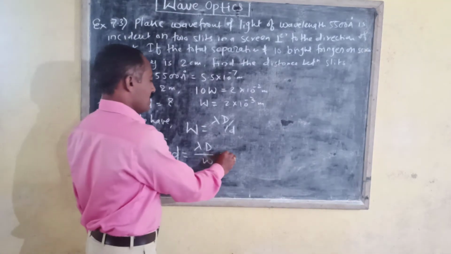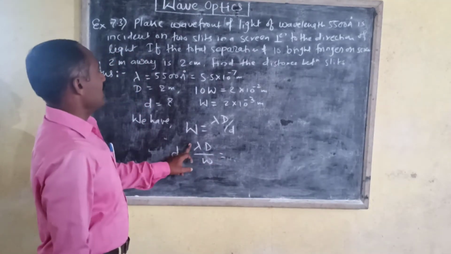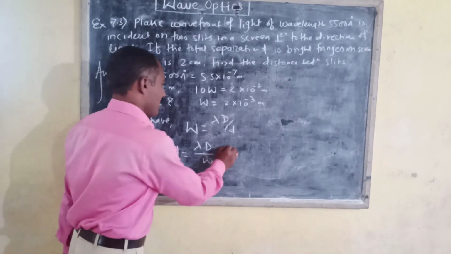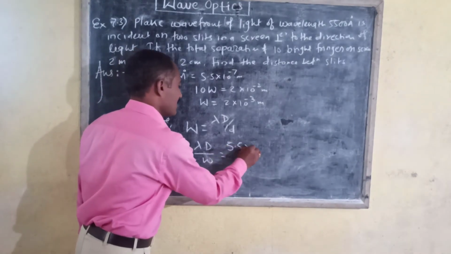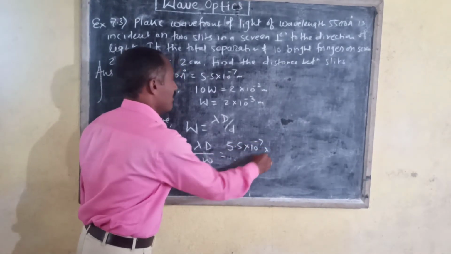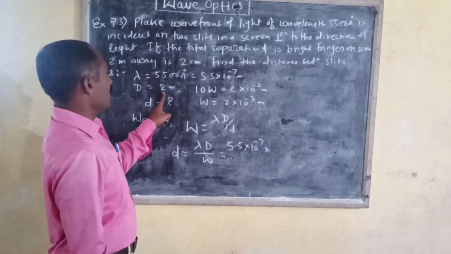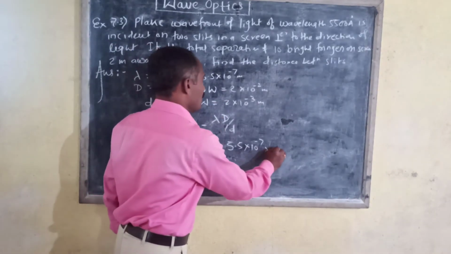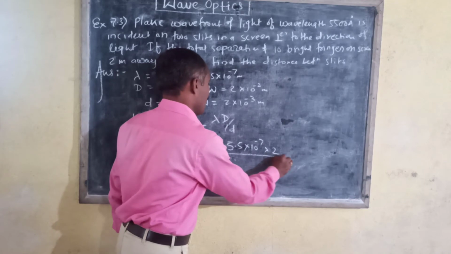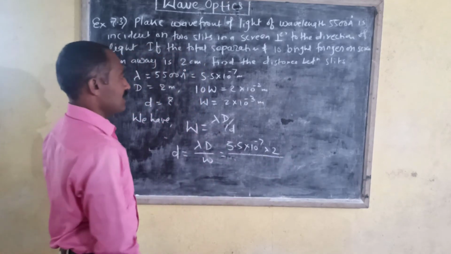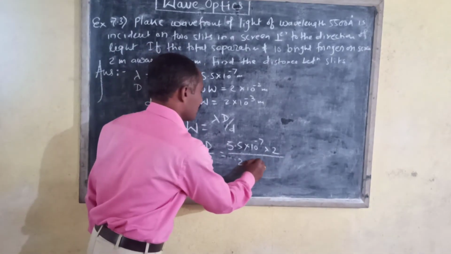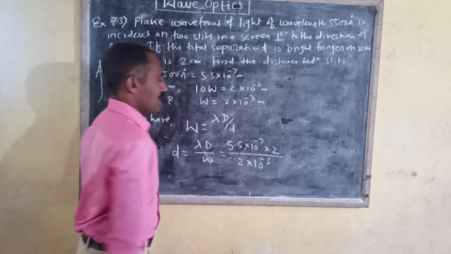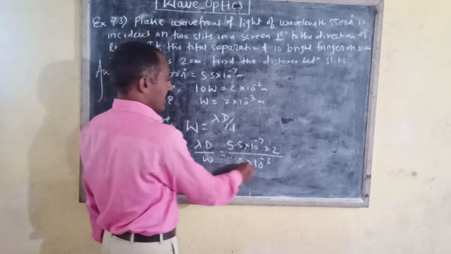We have the values. Lambda is equal to 5.5 into 10 to the power minus 7, multiplied by 2. Capital D is equal to 2, and divided by W, which is 2 into 10 to the power minus 3. That means the 2 gets cancelled.